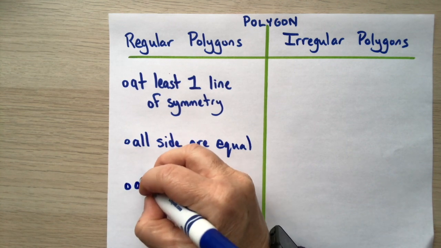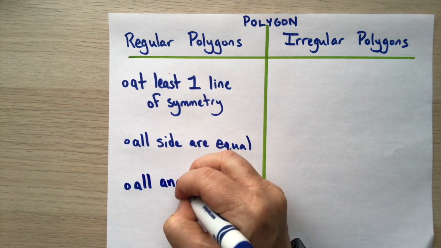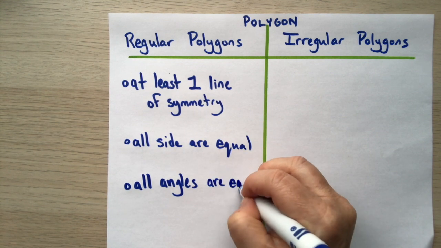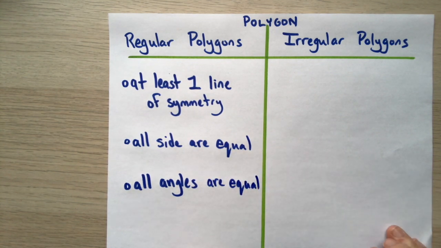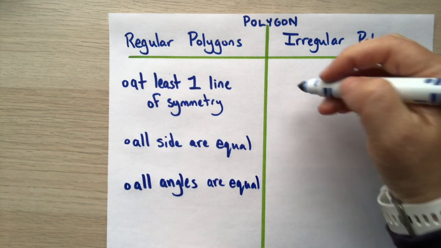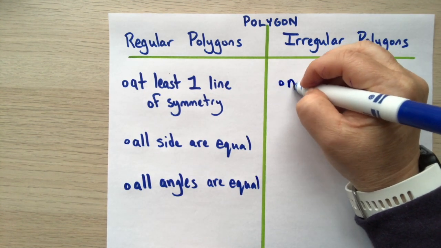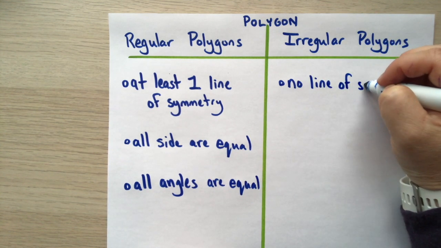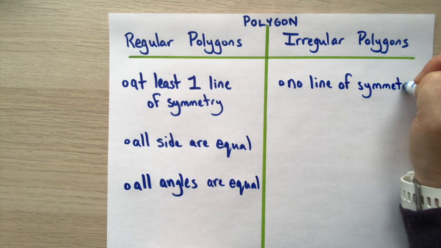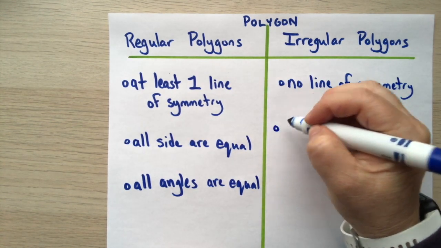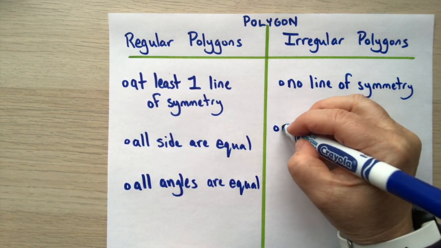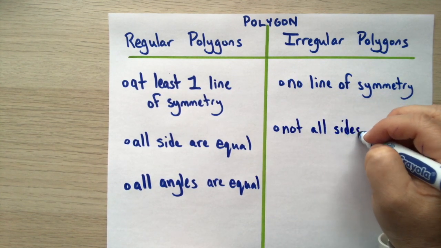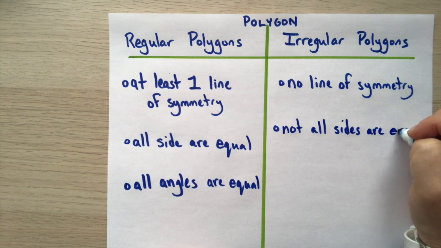You also need that all angles are equal as well. So that means for an irregular one, no line of symmetry, not all sides are equal.